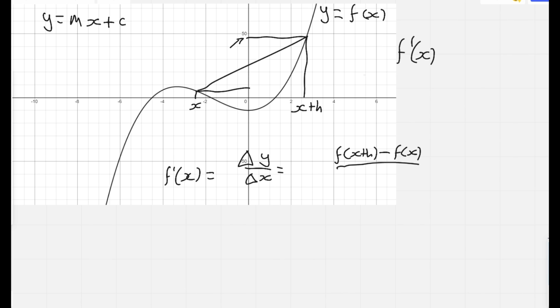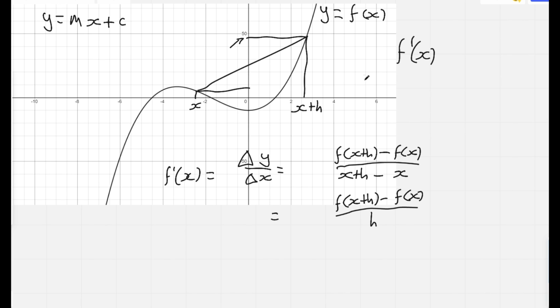Could be anything. And this is going to be divided by our x coordinates. So we're going to have x plus h, that's the corresponding x coordinate, minus x. Now hopefully you see the x's cancel. So we're going to be left with f of x plus h minus f of x over h.